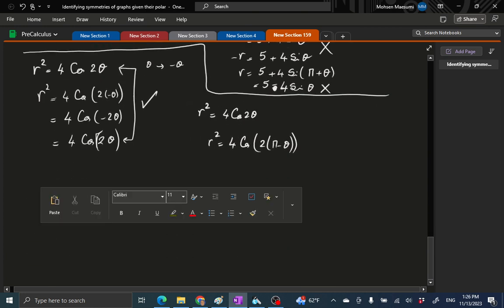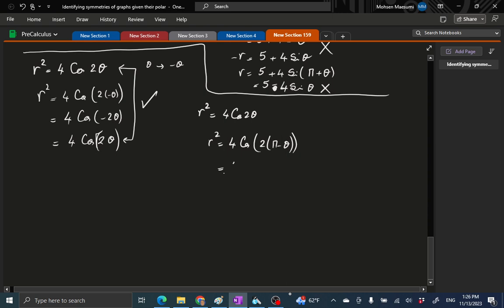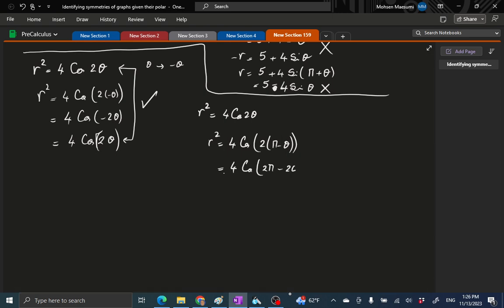So what happens? I'll have 4 cosine of 2 pi minus 2 theta. You can expand that and see that it is actually the same as cosine of 2 theta. Cosine of 2 pi minus 2 theta is the same as cosine of 2 theta. These are the same, so we have symmetry with respect to the y-axis.